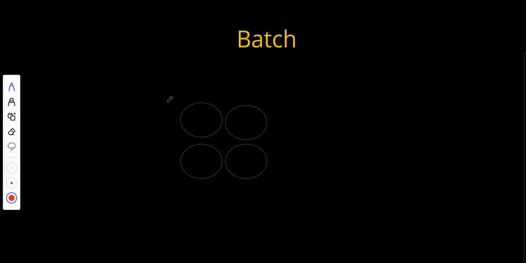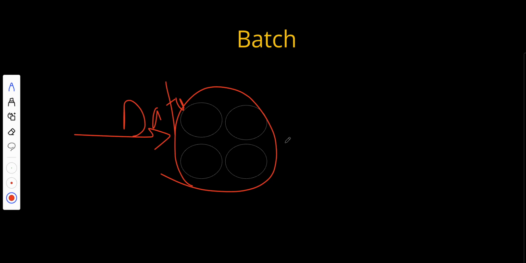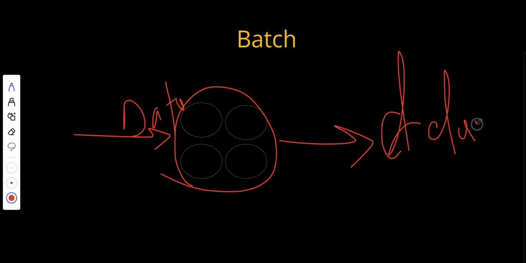When the data arrives, in batch processing, we just process and stream them all at once. So we have some sort of delayed output, and they will basically be pushed.